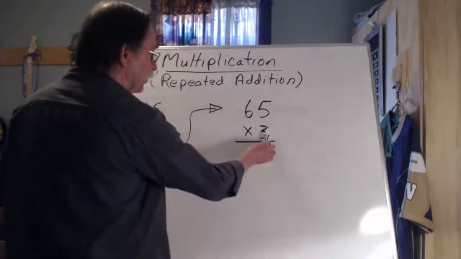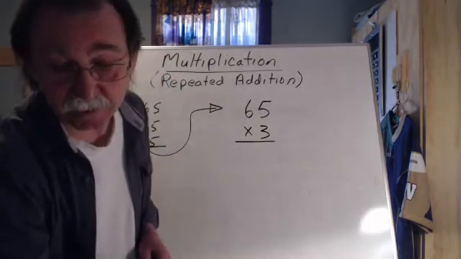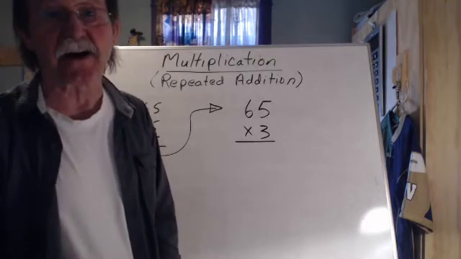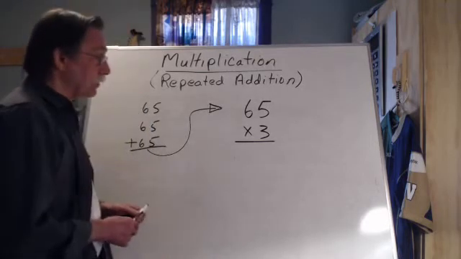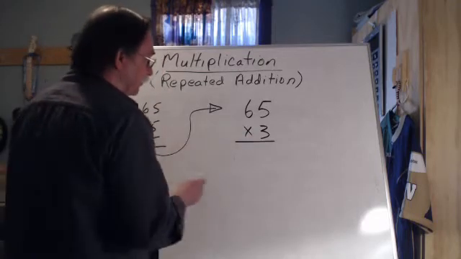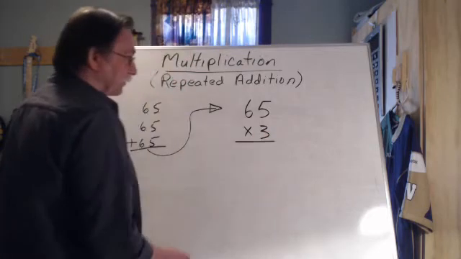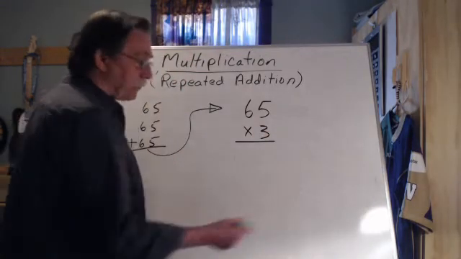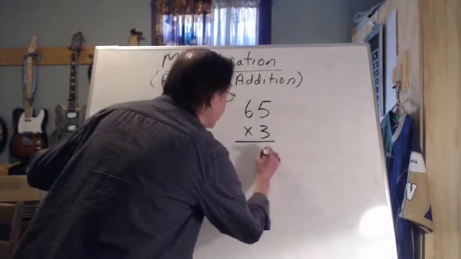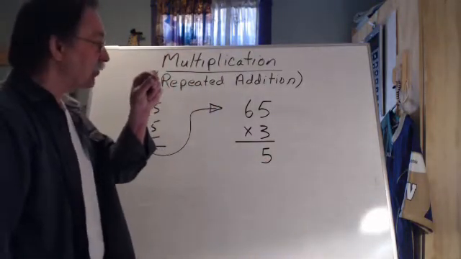Well, fortunately, we've only got one number to multiply by, and if you take a look at your multiplication table, it doesn't go up to 65. So we have to come up with some sort of a method. So here we go. We go 3 times 5. Well, 3 times 5, I'm just going to say the answer is 15. So we put down a 5, but we still have that 1 left over, don't we?